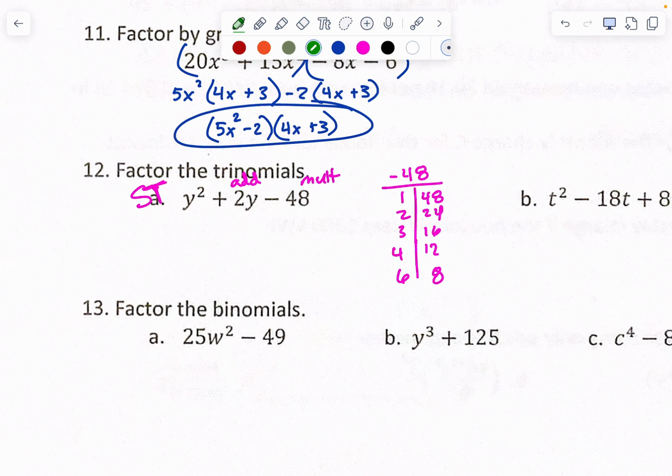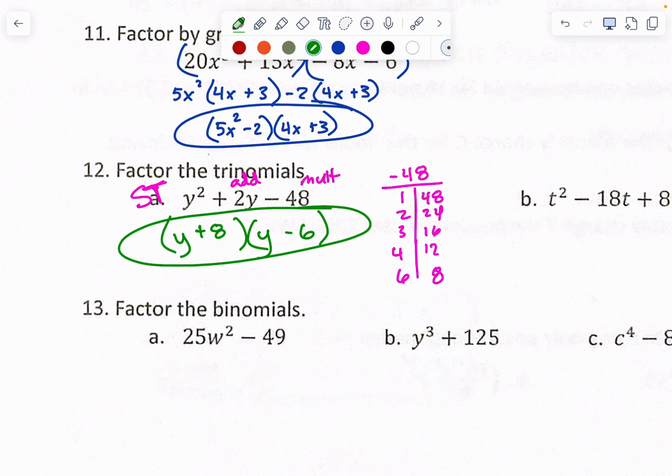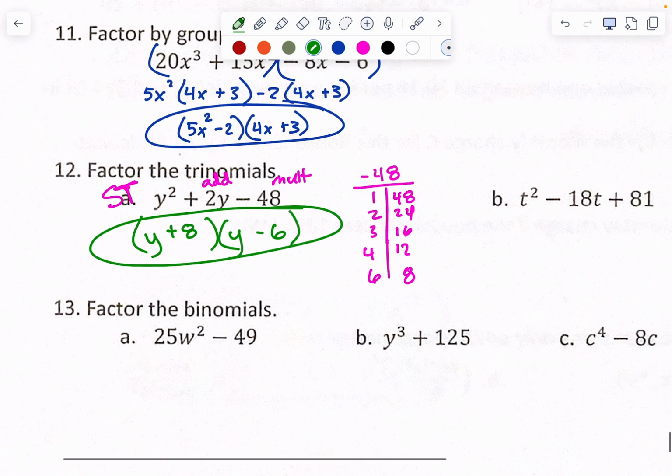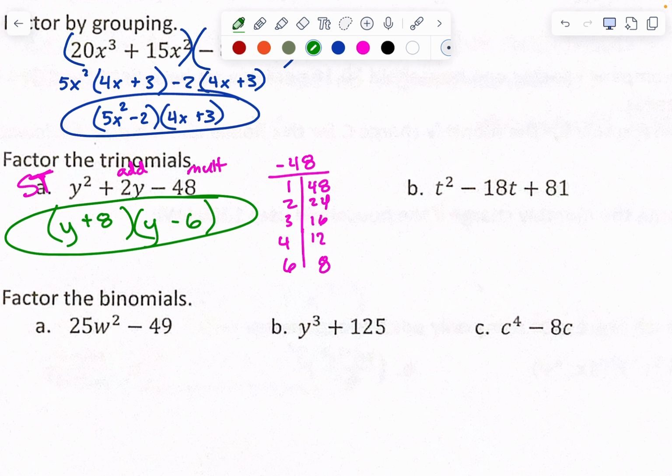Have you heard that before? Positive 8, minus 6. 6 and 8 went on a date, and 48 came out. I've never heard that. Do you have any other weird ones?